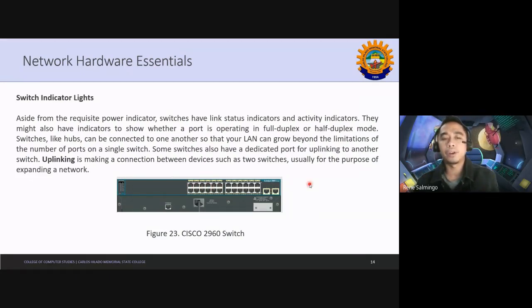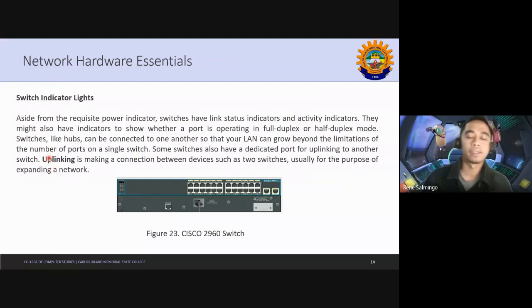Times 4, you have 24. So this is a 24-port switch. Uplinking: the term uplinking means making a connection between devices or two switches, usually for the purpose of expanding the network. So we also have this example, uplinking.